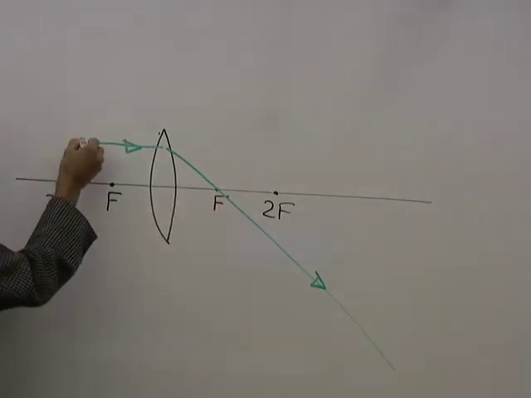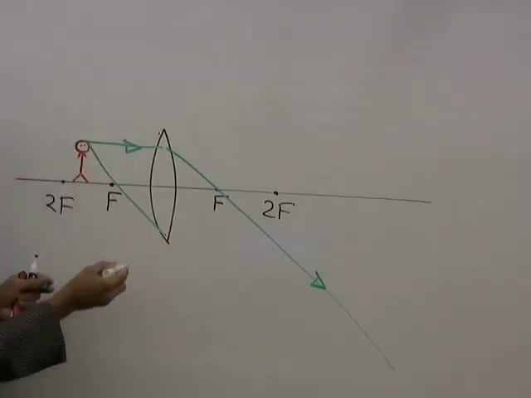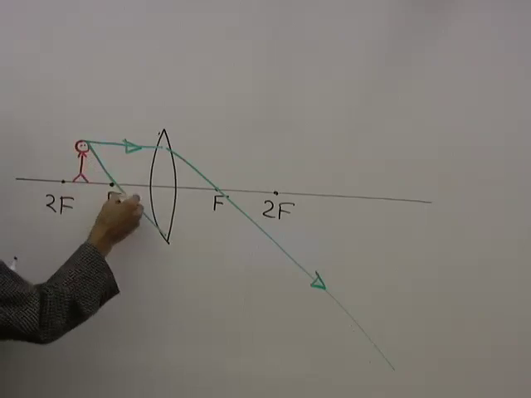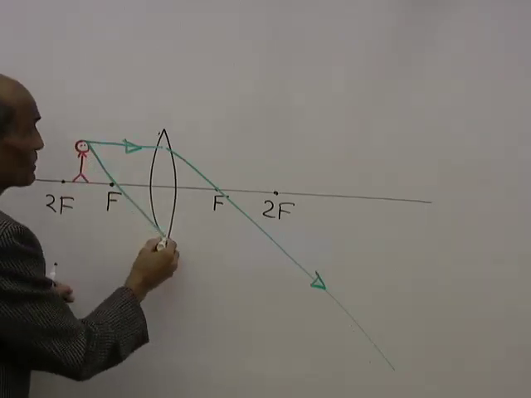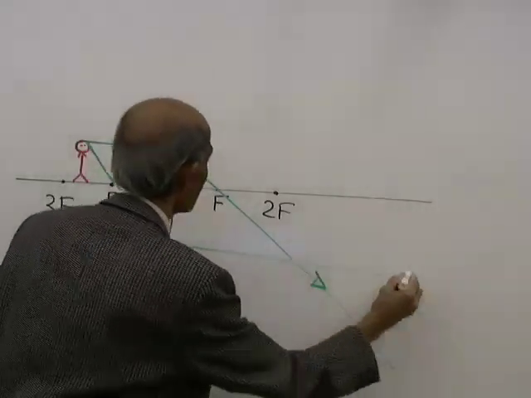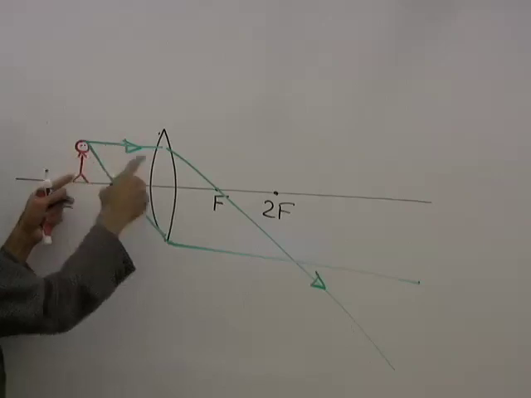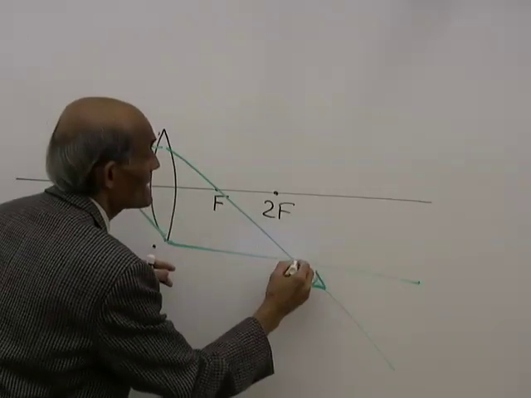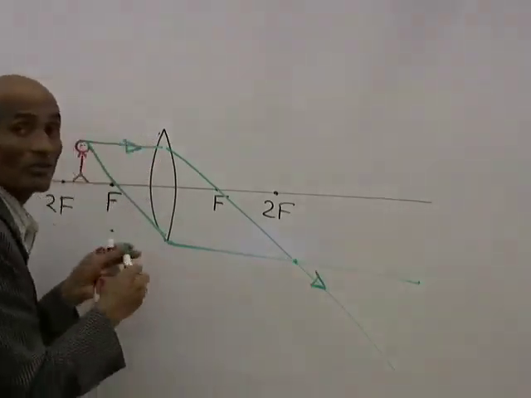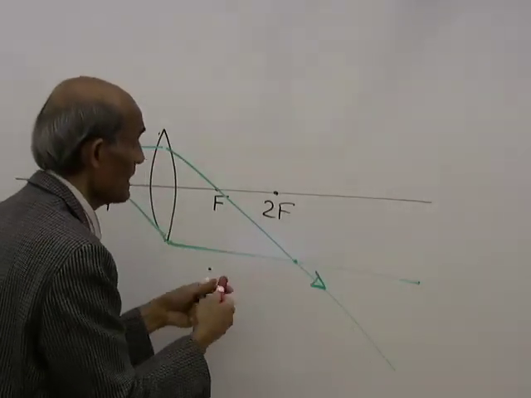Now, suppose I take a ray that passes through the principal focus. After it passes through the principal focus, where will it go? It will go parallel to the principal axis. Now, these two light rays are meeting here. That means the head of the boy will appear over here.